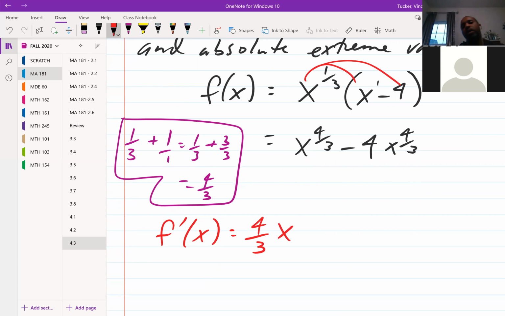4/3 x. Subtract 1 from x, I mean, not subtract 1 from x, subtract 1 from 4/3. That'll go back to 1/3. Hold on, this should be a 1/3 right here. That's not erasing. Okay, sorry about that. That x to the 1/3 should be in the back behind that 4. x to the 4/3 minus 4 x to the 1/3.